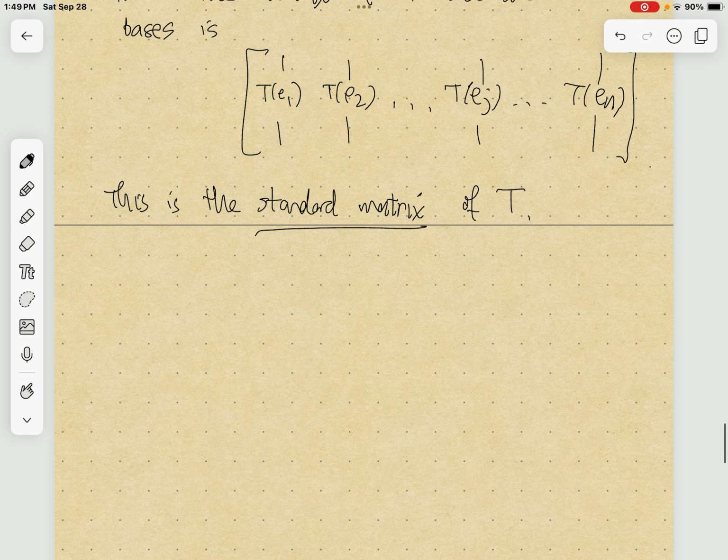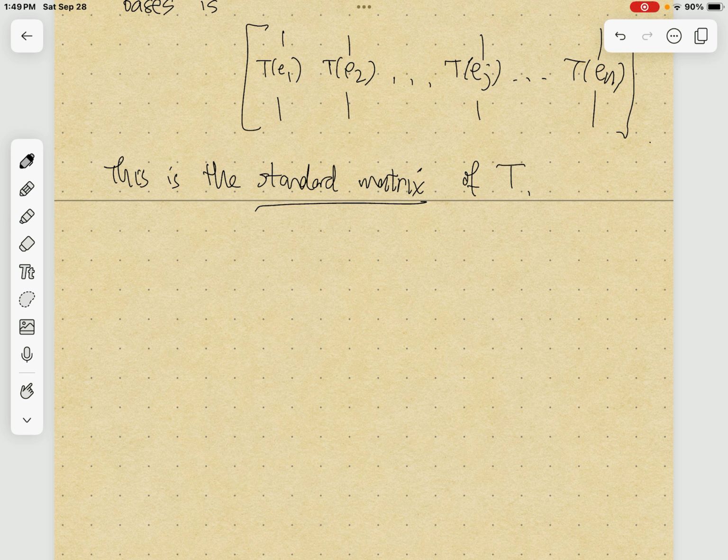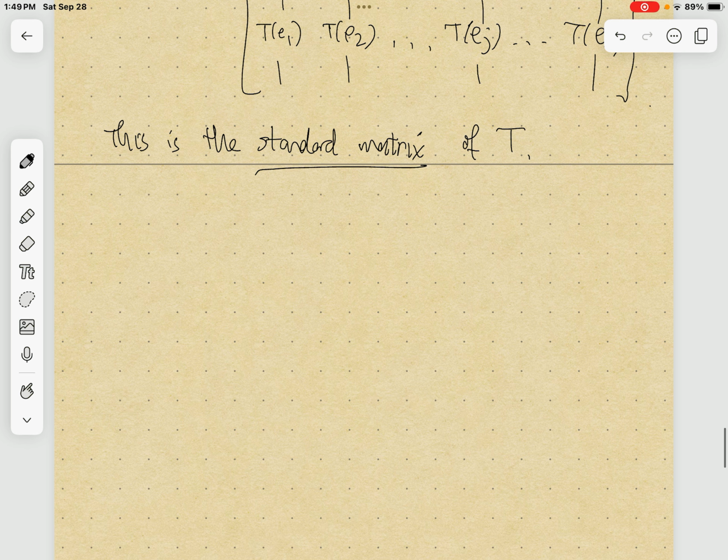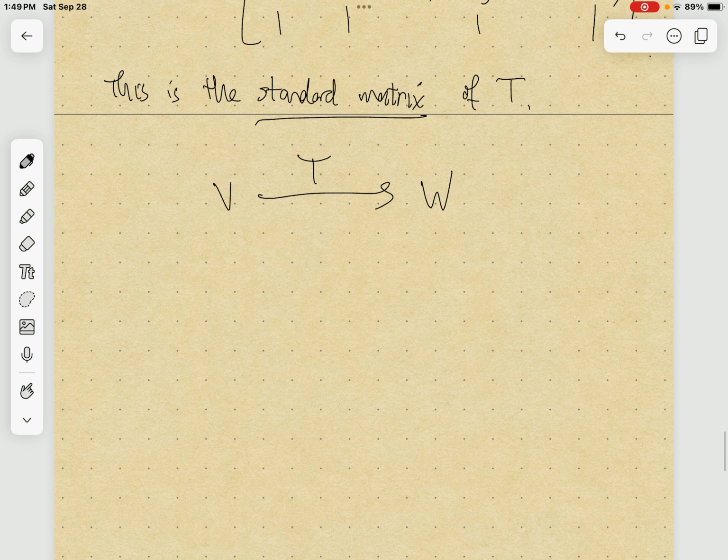And maybe I should connect what we're talking about with the coordinate vectors. So let's just draw a little schematic picture. So you have this vector space V and some vector space W and a linear transformation T, and you choose an ordered basis B for V and an ordered basis C for W, and that defines a map from V to Rn, and it's a one-to-one onto map.